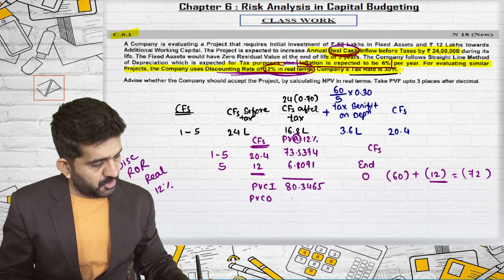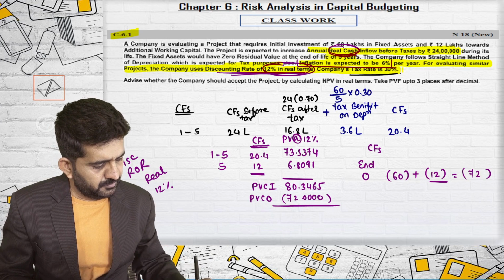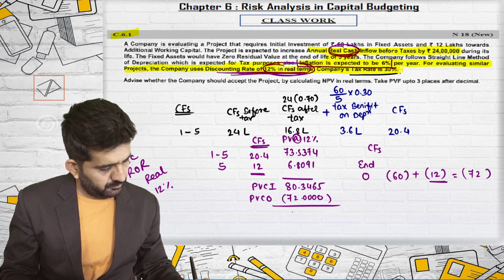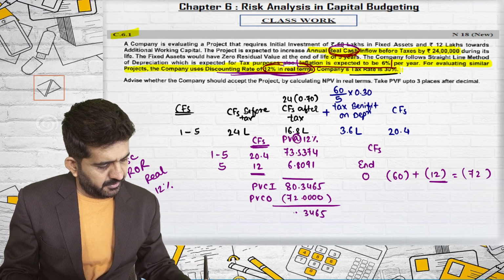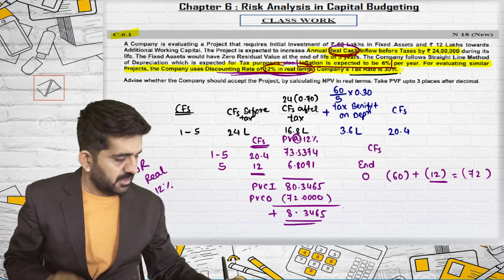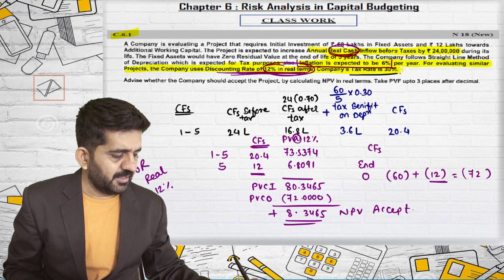Present value of cash outflow is 72, and this will be 8.3465 lakhs, which is nothing but my NPV. I should accept the project.